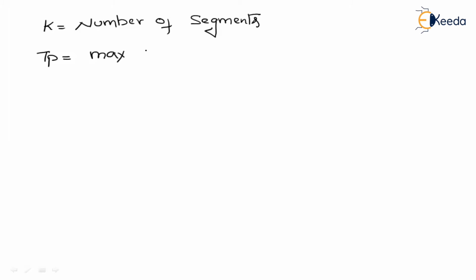Here, k is the number of segments, n is the number of tasks, and Tp is the max stage delay plus the max register delay.